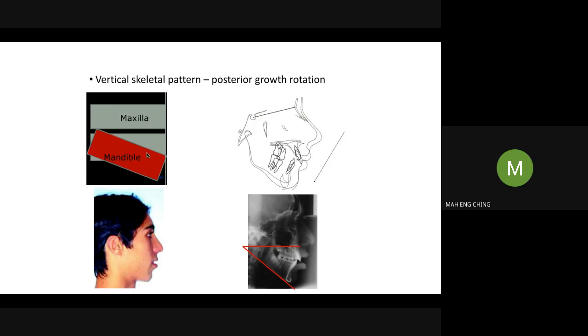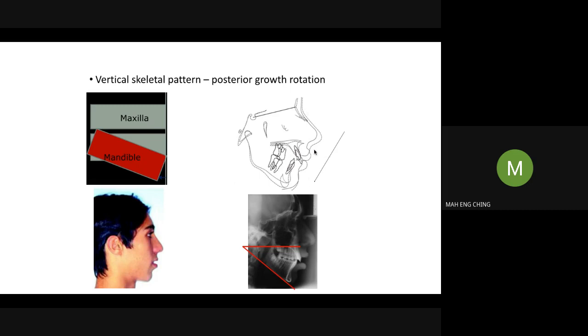If the mandible is growing backward or rotated backward, then it's going to create a gap between the upper and lower jaw. So imagine this picture on the right side. If the jaw or the mandible rotated backward, then the patient becomes slightly class 2. So backward rotation will cause a class 2 skeletal pattern.